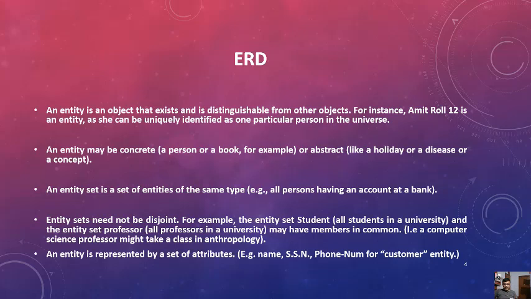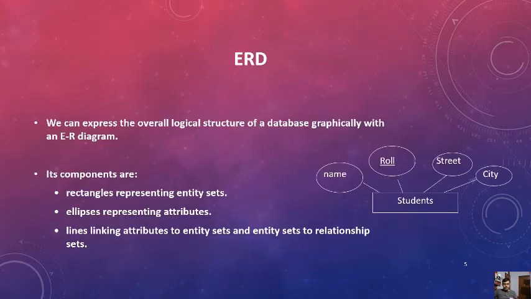ERD. We can express the overall logical structure of a database graphically with an entity relationship diagram. Its components are: rectangles represent entity sets, ellipses represent attributes, and links connect attributes to entity sets.